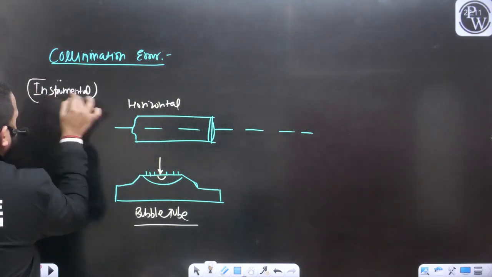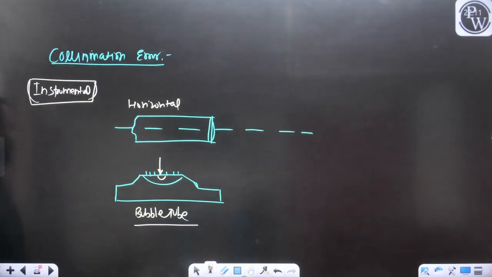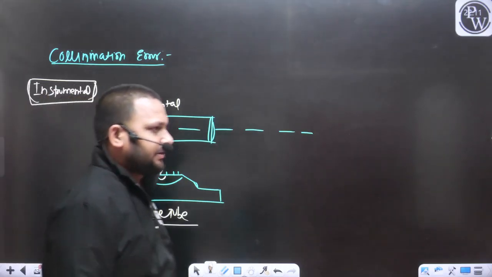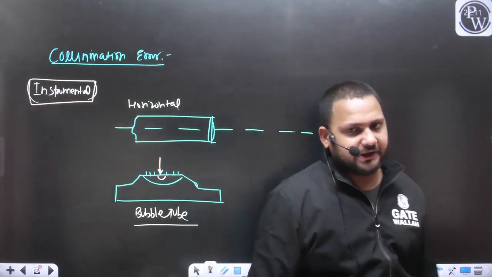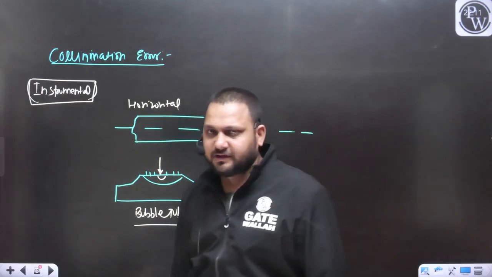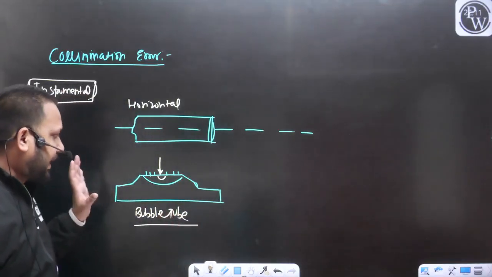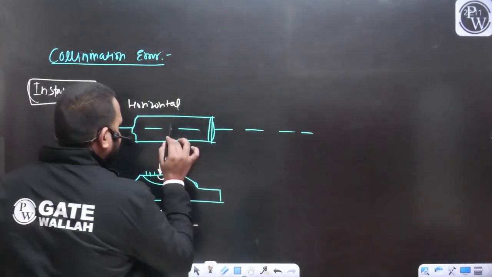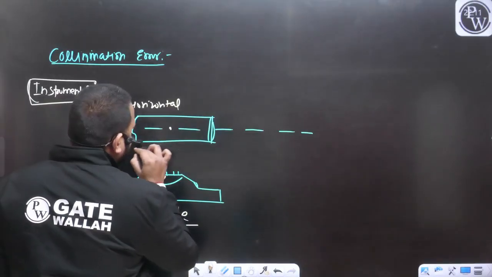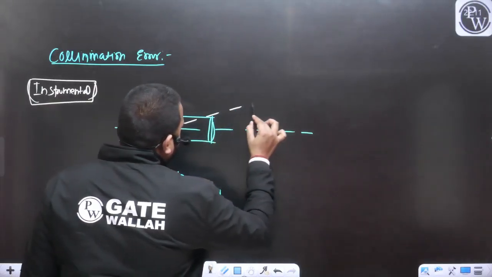And what is this instrumental error? Let's say this instrument is faulty. What is the fault in this instrument? When the bubble is at the center, at that particular point also, let's say this is the position of the line of sight.